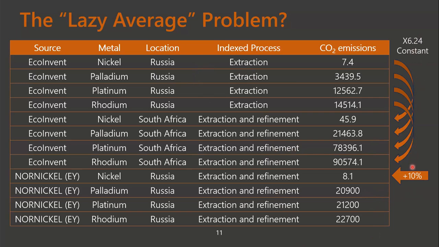And what's also important, which isn't listed here, mainly for space, is that some of the other data listed within EcoInvent for palladium is simply an average of equal contribution.